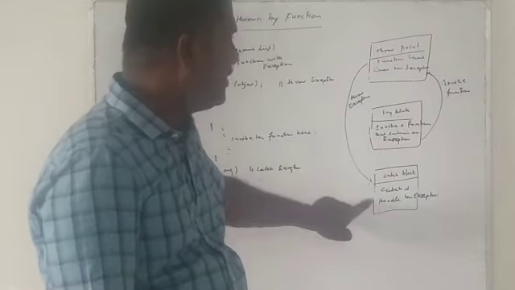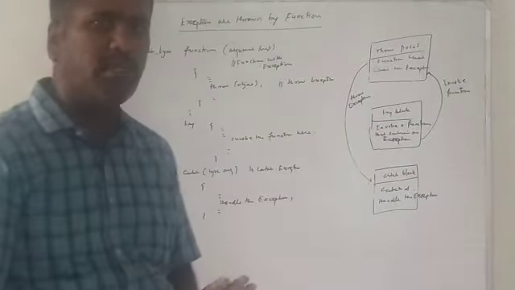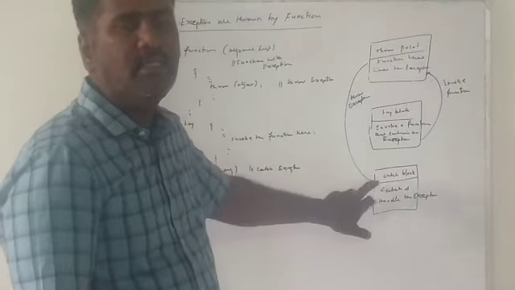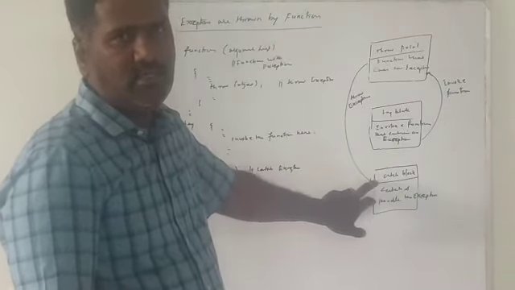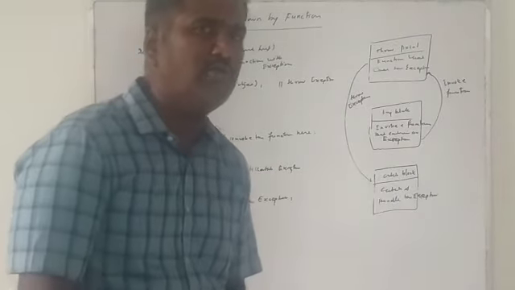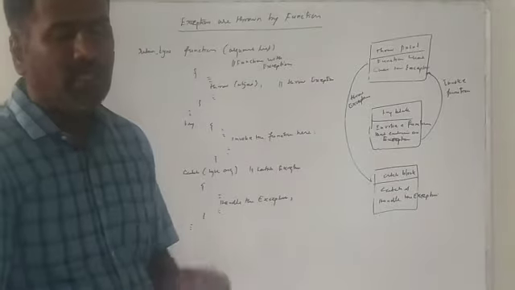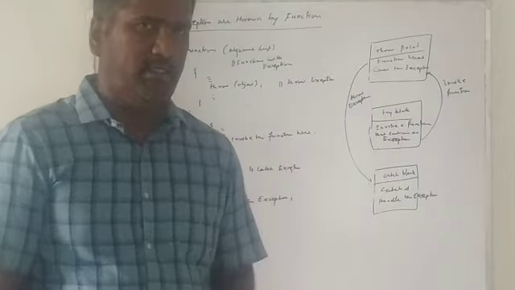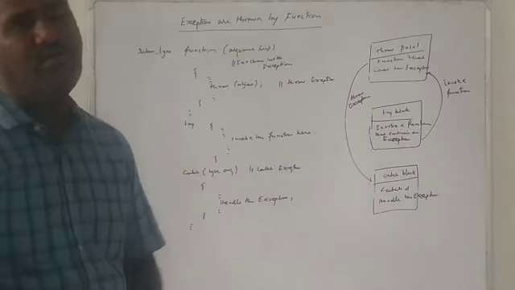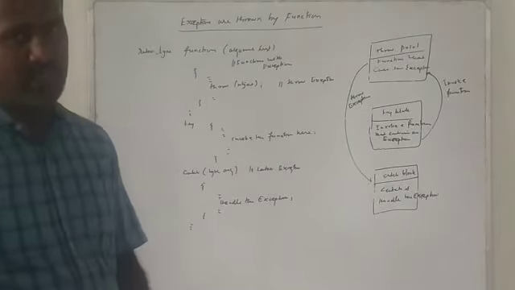After handling the exception, the catch block transfers program control to the try block, not to the throw point. This is the second type of exception handling mechanism.